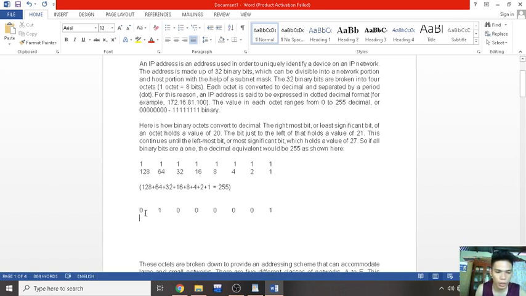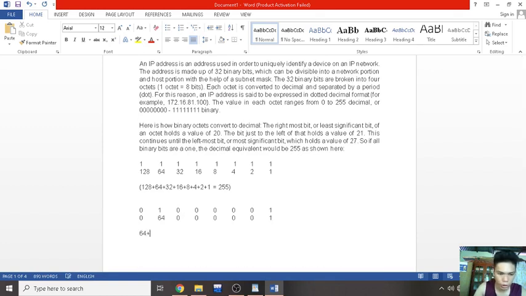If the bit is 0, it is equivalent to 0, and the second one has the value of 64. If the bit is 1, it has the equivalent of its place value. So it will be 0, 0, 0, and the last one we have is 1. If we add 64 plus 1, the answer is 65. So this example shows an IP address represented in both binary and decimal.